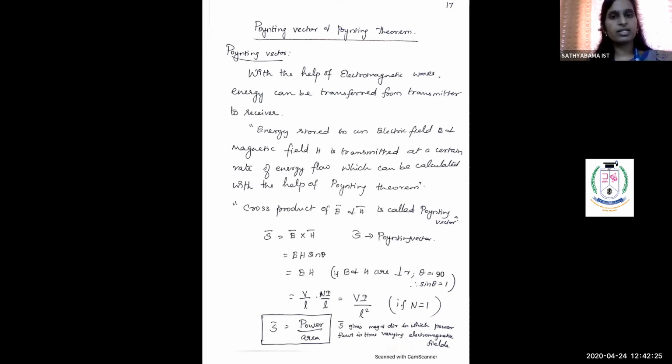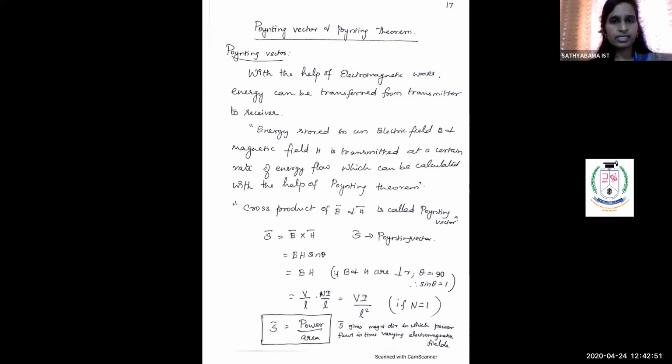Now we know E cross H means we can write that as EH sin theta. We have written here S is equal to EH sin theta. Now E and H are perpendicular to each other. That is, the electric field and magnetic field are perpendicular to each other. So theta is 90 degrees.